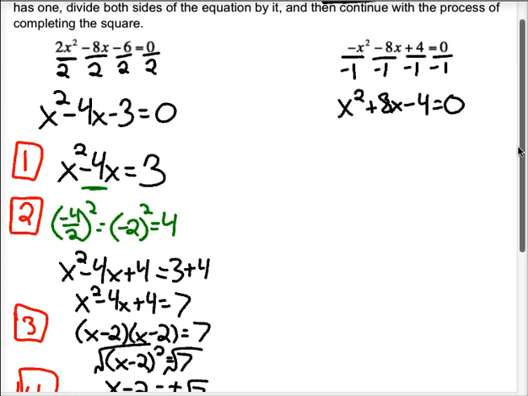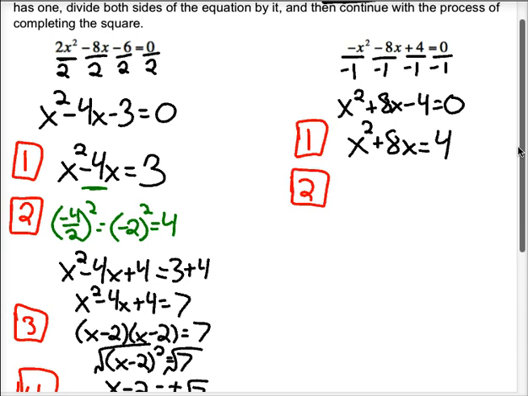And now we can start our 4-step process. So get the constant to the other side. So I'm going to add that 4 over to the other side. Step 2, I need to find that b over 2 squared. So there's my b.